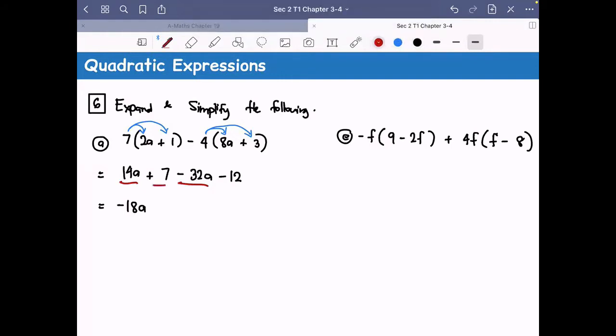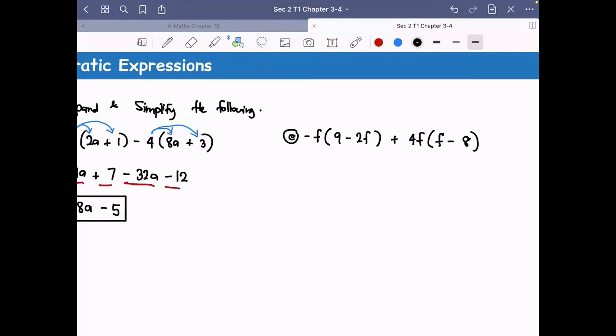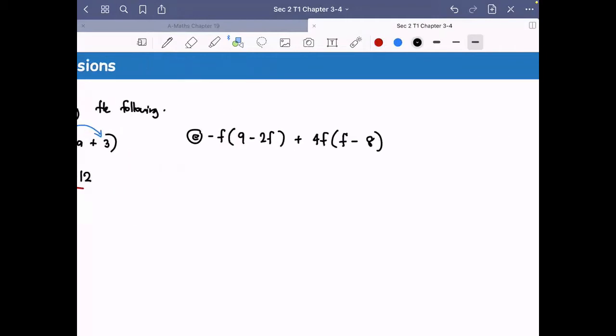And then what is 7 minus 12? That gives you negative 5. So this is your answer for number 6, letter A. Do you have questions? None? All right, let's go with letter E.